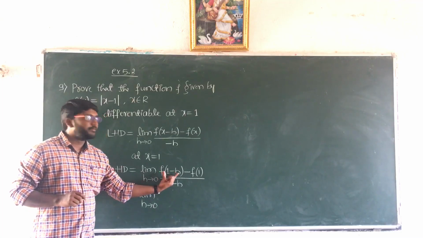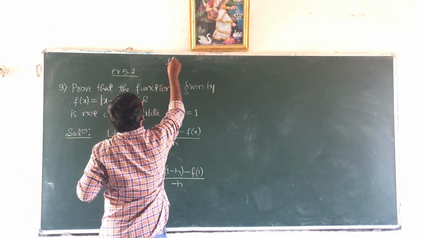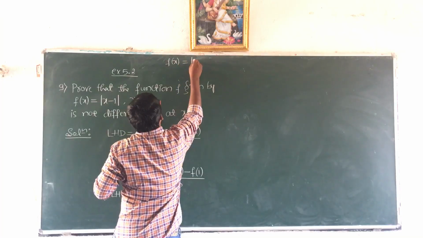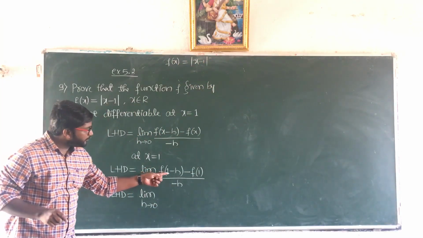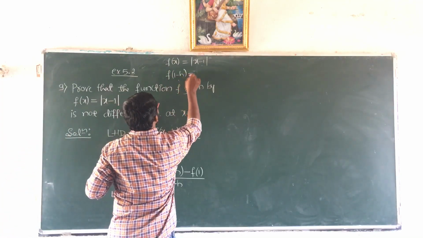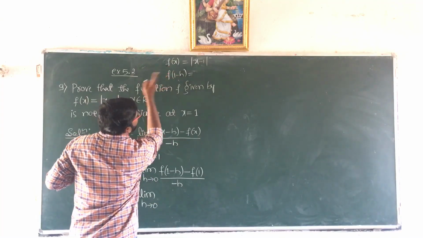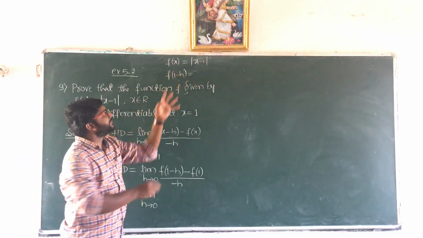LHD, which is equal to limit h tends to 0. What is f of 1 minus h now? So see here, f of x is equal to mod x minus 1. So this is f of x. Now we need f of 1 minus h. That means in place of x we have to write 1 minus h in the RHS. So replace x by 1 minus h.